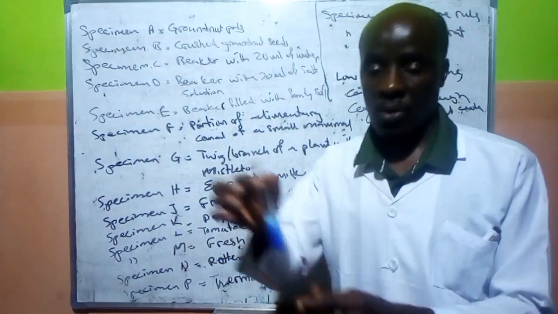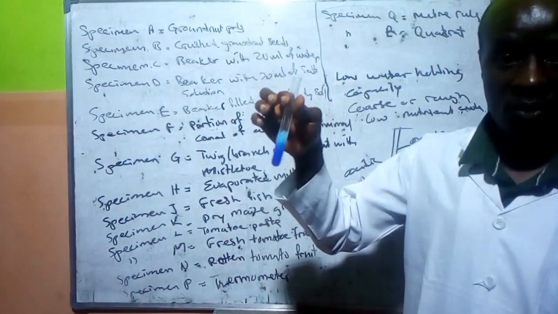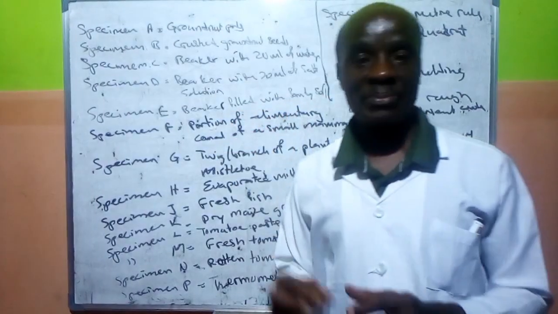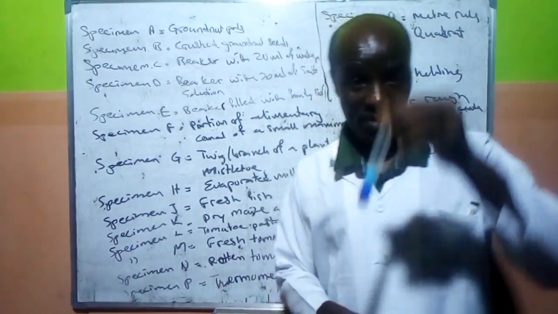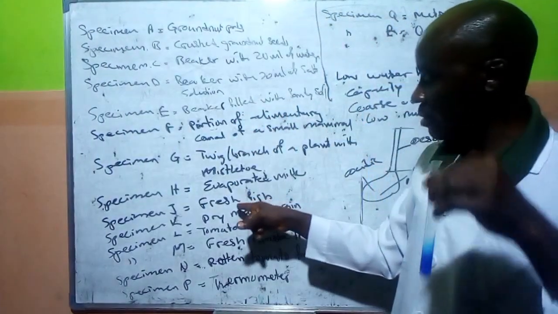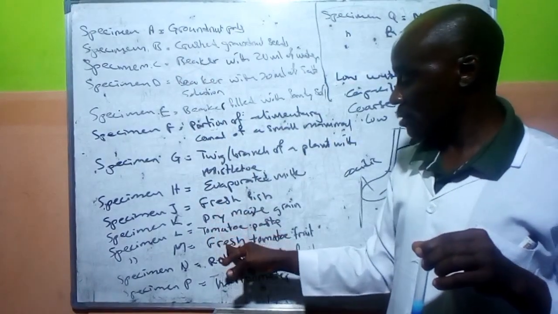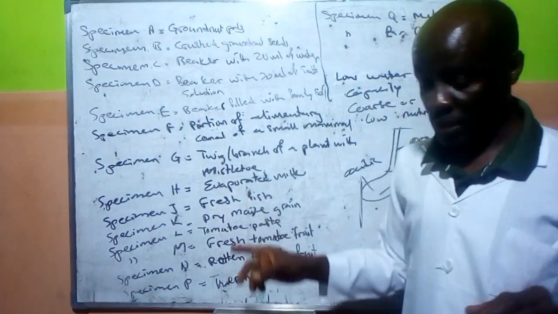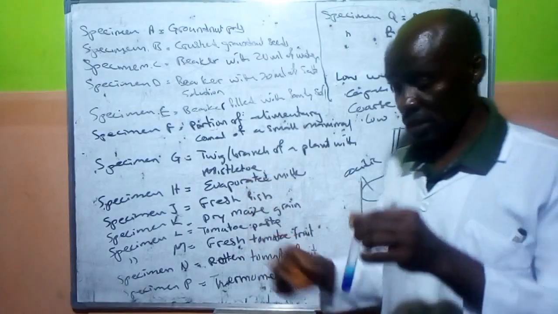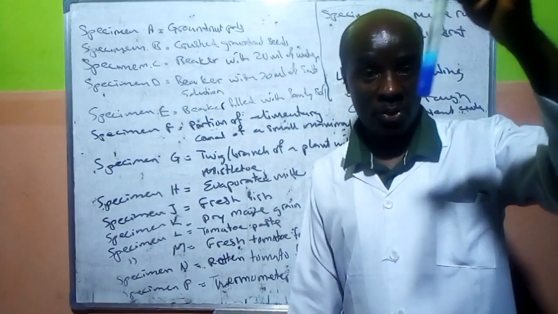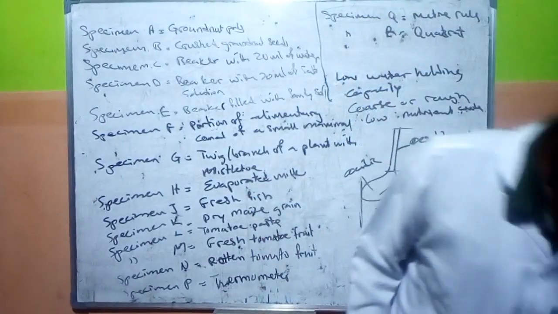You see the purple color that appears. This confirms the presence of protein. That is one thing you should know about. The milk plus copper sulfate solution and sodium hydroxide gives you a purple color, meaning that protein is present in this milk.